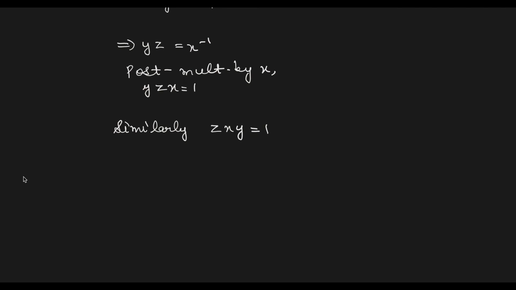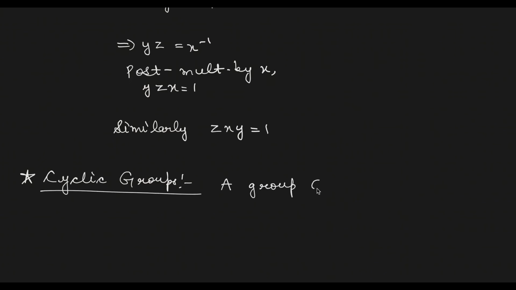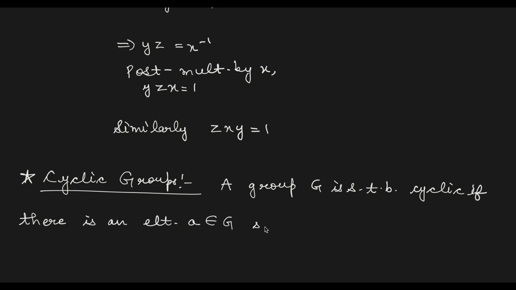Next concept, cyclic groups. A group G is said to be cyclic if there is an element A belonging to G such that G is equal to A to the power n, such that n belongs to natural numbers.